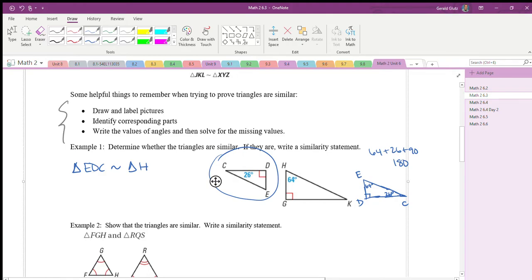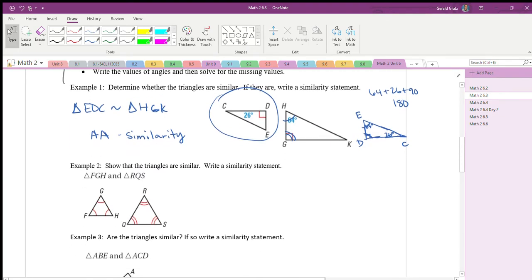D is second, and D is the 90-degree angle, so G would have to be second, and then C is corresponding with K, so K. And the reason I can say that is because of angle-angle similarity. Because we know that H is congruent to E and G is congruent to D. So we know all three angles are congruent, but we only needed to find two.